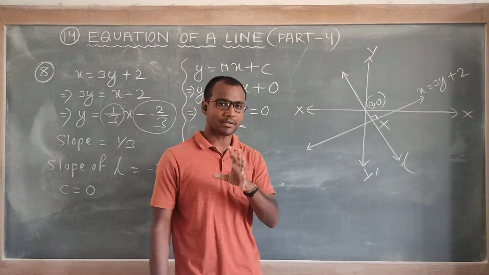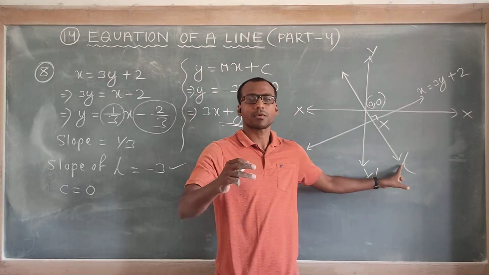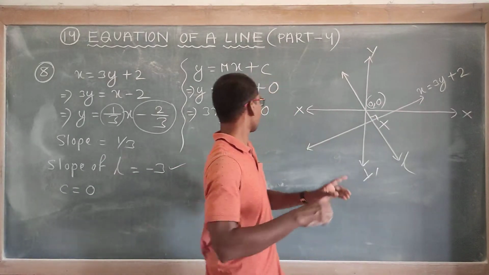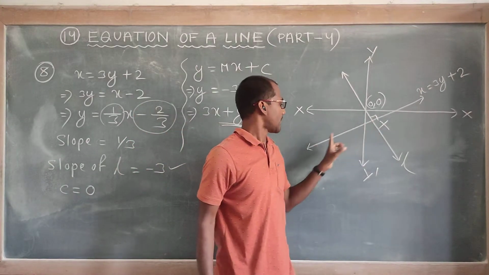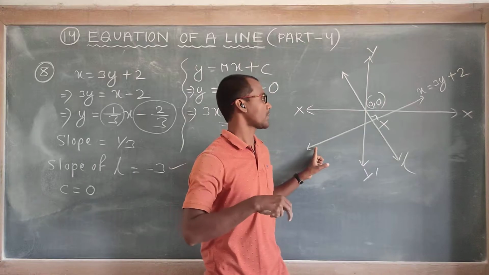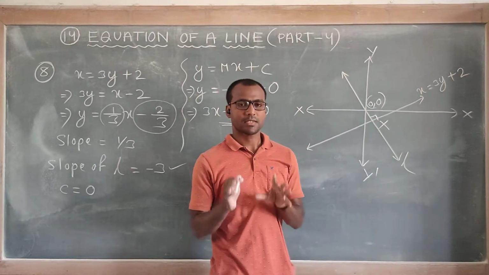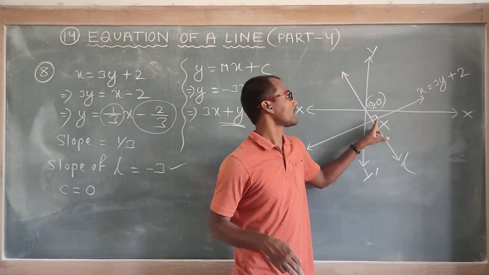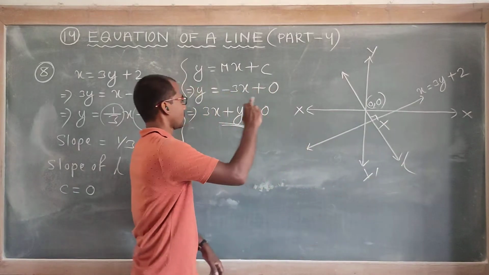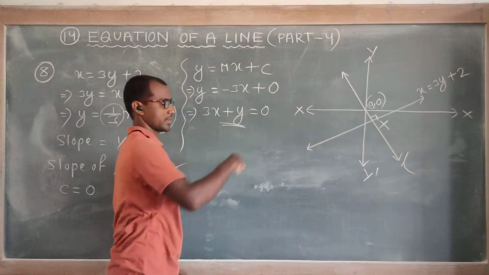Since the point X lies on the line L, it will satisfy the equation of the line L, that is this new equation. Since the point X lies on this line, it will also satisfy the equation of this line. That means simultaneously, the coordinates of point X will satisfy this equation and also this equation. So now we are going to solve the two equations simultaneously.